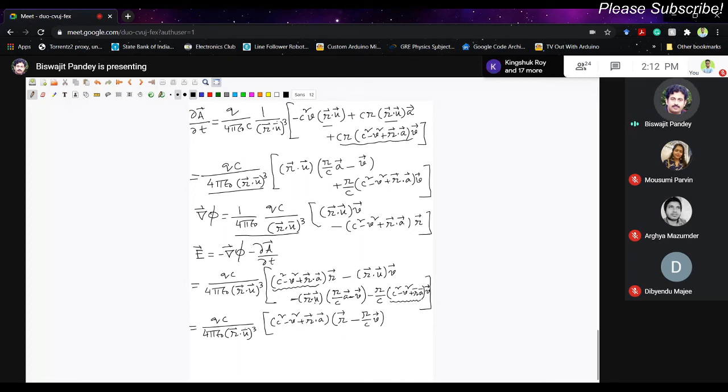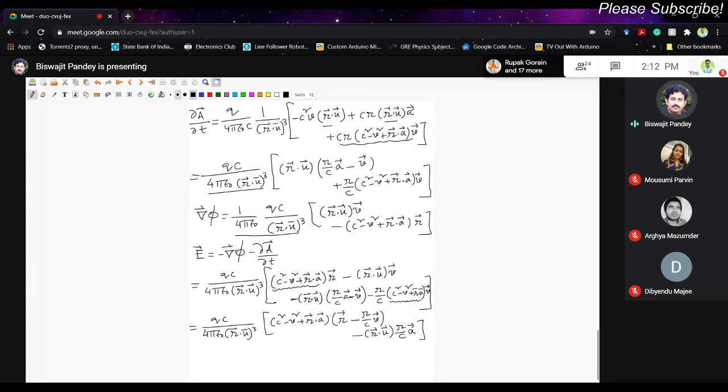So we will be left with only one term here, that will be minus r dot u into r by c, curly r by c into acceleration vector a. Fine.